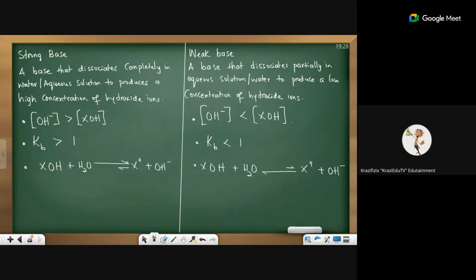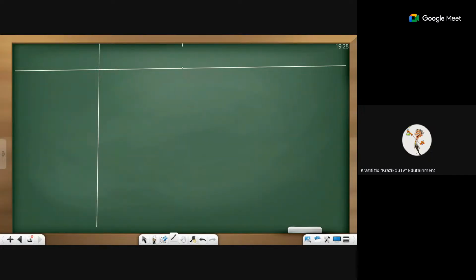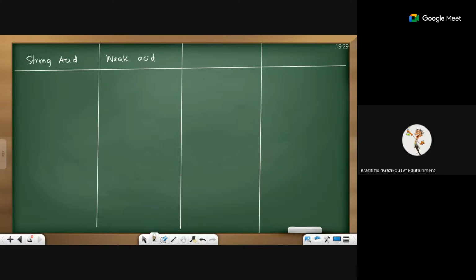Okay, common examples quickly. So we're just going to do that. Strong acid, weak acid, strong base, and weak base. 2 minutes maximum, we should be done.